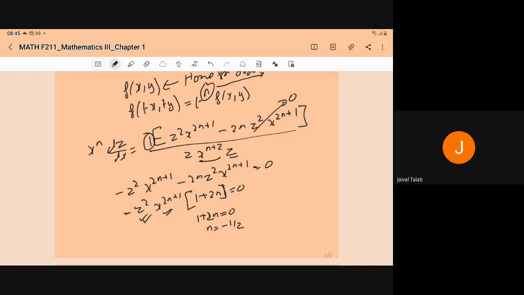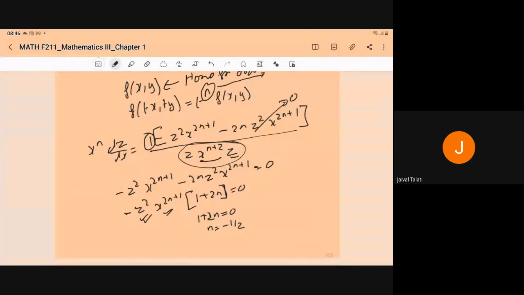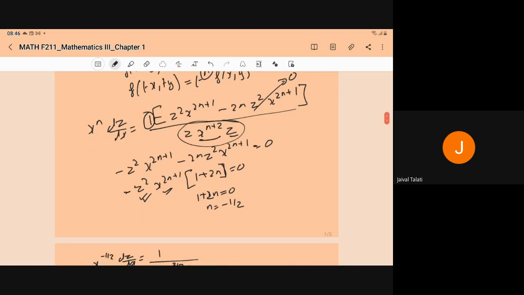So 1 upon this expression you can separate in x and z. The only problematic term is this bracket term, so we make it equal to 0 to get the value of n. Got it, sir. Clear? Yes, sir.